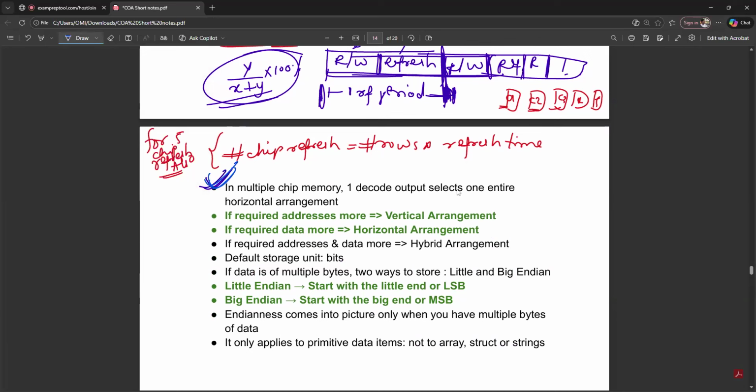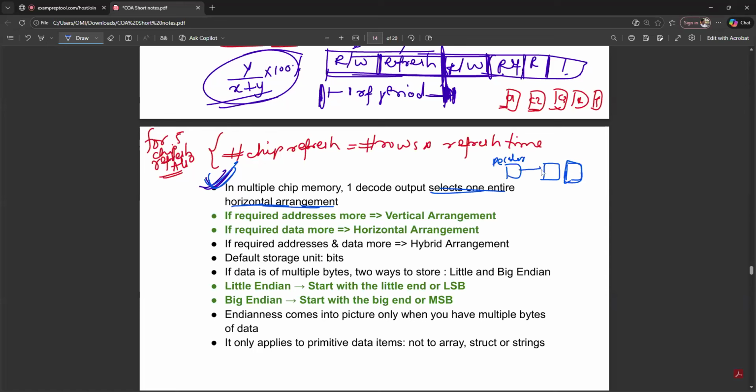In multiple chip memory, one decode output selects one entire horizontal line. So let's say multiple chips are there, and here is the decoder.